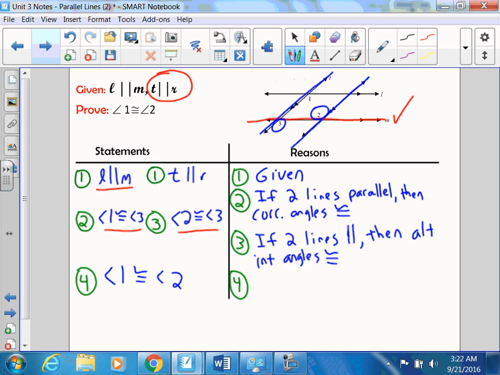And that last step is the transitive property. Let's go ahead and connect my flow proof together. This led to this. This led to here. And then steps 2 and 3 led to step 4 together, forming the transitive property.